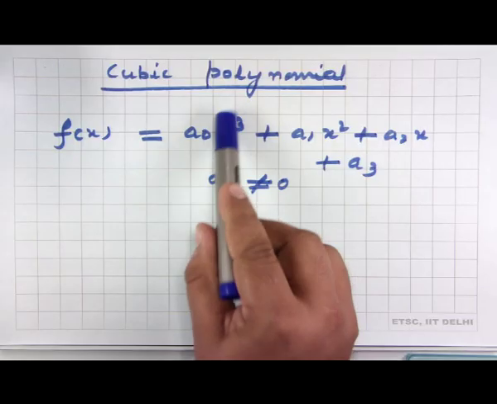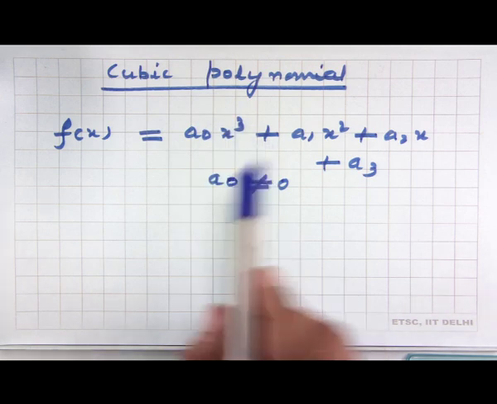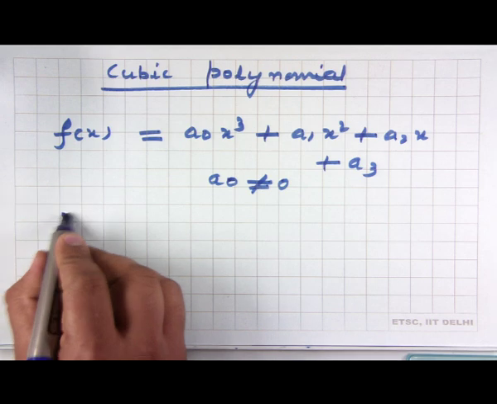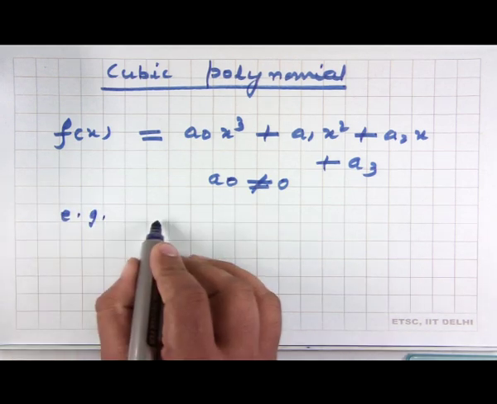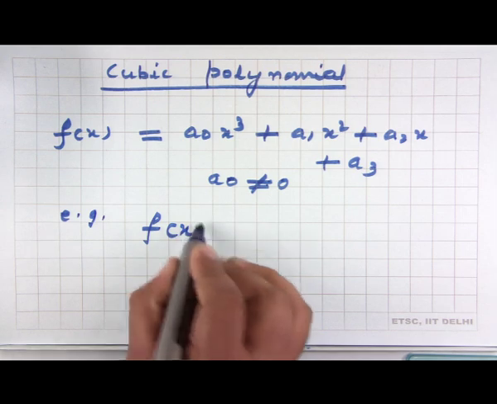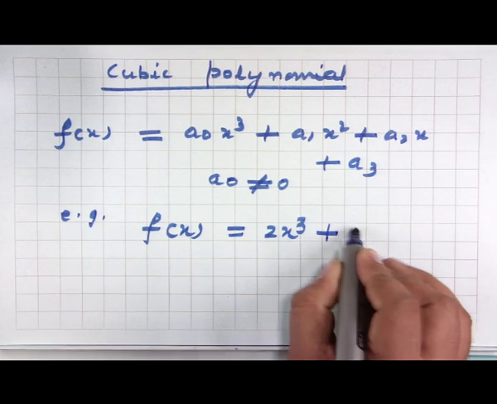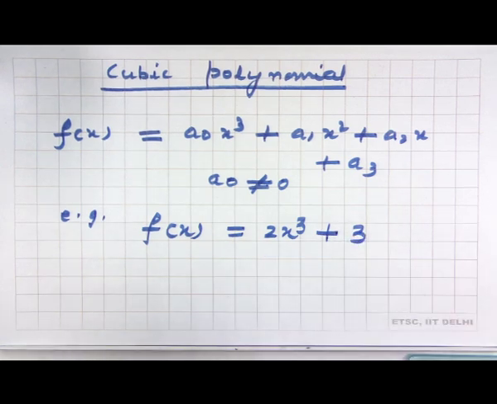Here the highest power is 3, because it is a cubic polynomial. For example, f(x) equals 2x cube plus 3 is an example of a cubic polynomial.